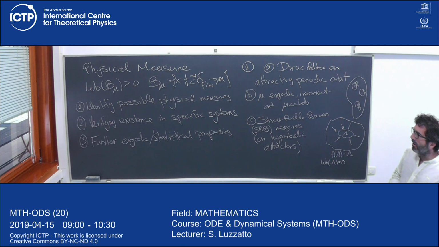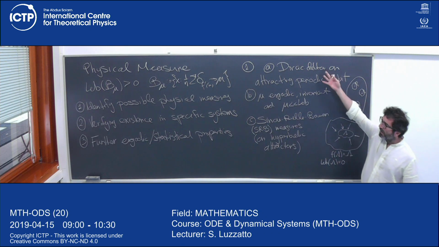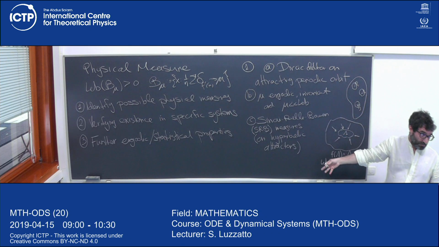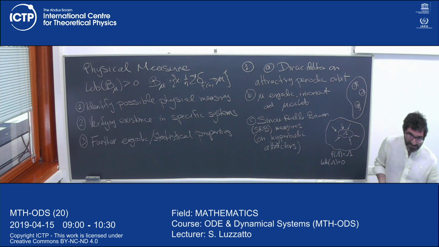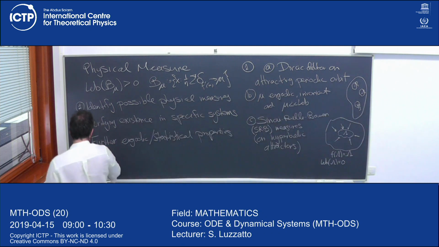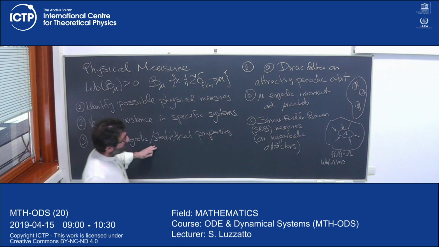So there is a kind of conjecture that most dynamical systems, if they have a physical measure, it is of this type. But there are many other physical measures. There are some very strange physical measures that you don't expect. In fact, I will show you one that's not so strange in a minute, when I talk about this.